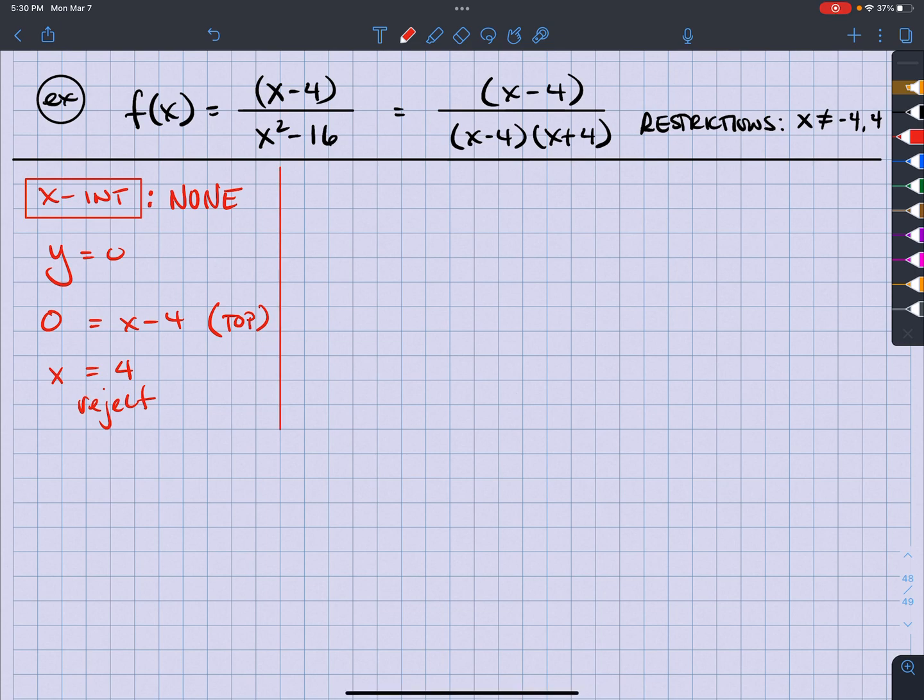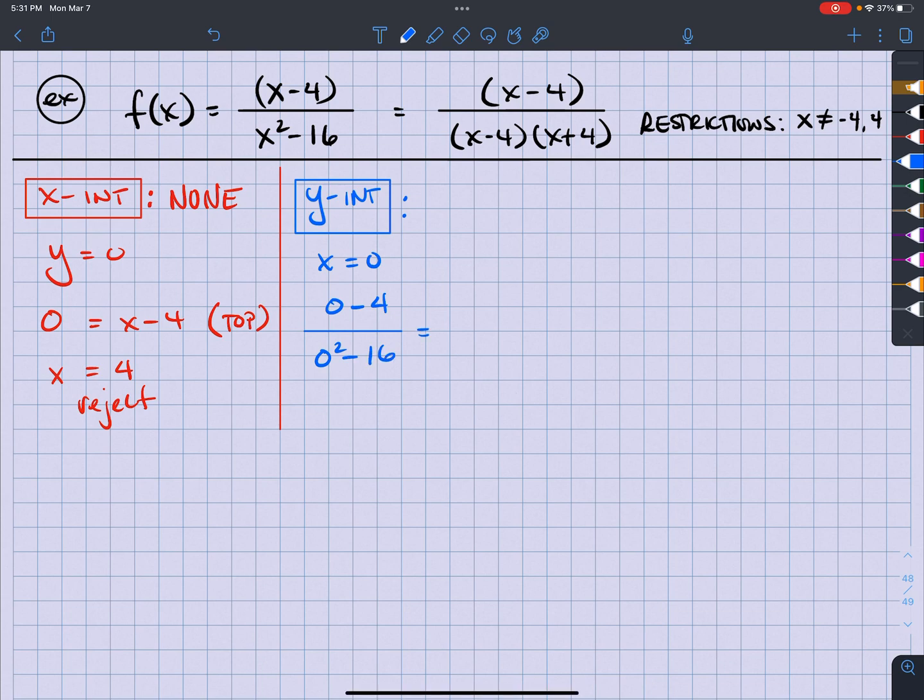Okay? Next thing is that I have to find the y-intercept. What do I know about the y-intercept? I know that the y-intercept is where x is equal to 0. So I can plug it in. I have 0 minus 4 divided by 0 squared minus 16.